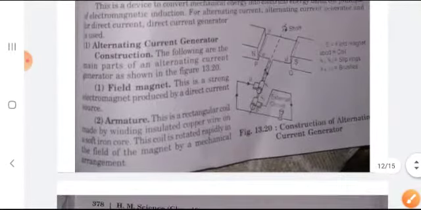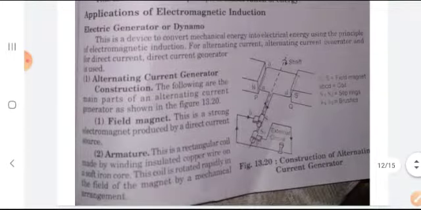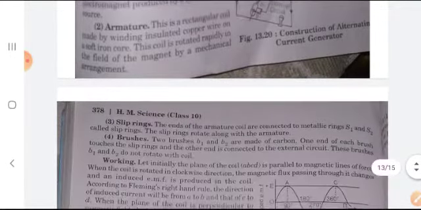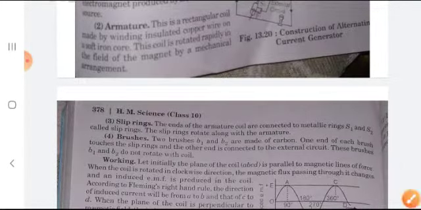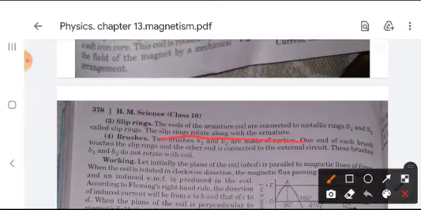So its construction is a little bit different from the motor, because it has slip rings. The ends of the armature coil are connected to metallic rings S1 and S2 called slip rings. The slip rings rotate along with the armature.